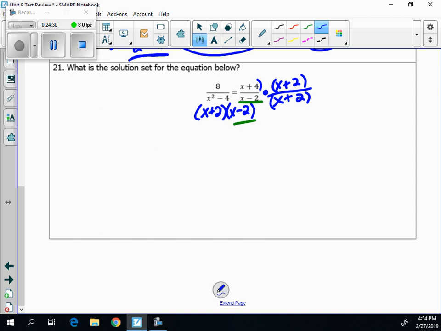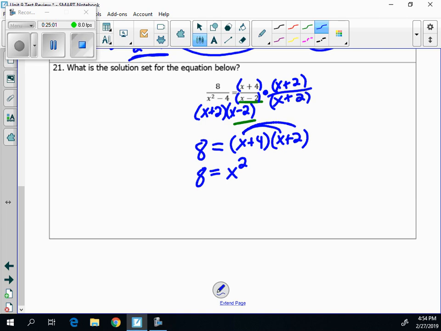So, alright, let's do this. We have all like denominators, so let's drop the denominators. And let's look at the numerators. So that's what we're left with. When you're distributing binomial times binomial, you need to multiply every term times every term. So x times x, x times 2, 4 times x, and 4 times 2.